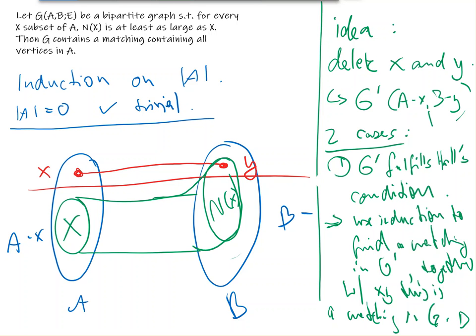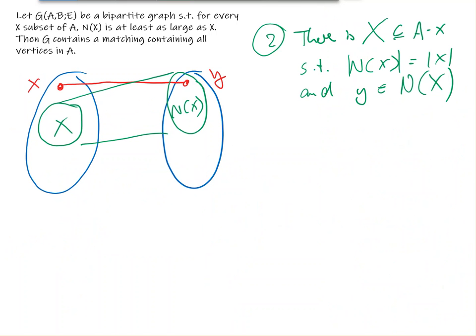Let's consider a second case, and for this I'm going to clean the board. The second case is that there exists a set large X on the left side of the G prime graph that is a witness of Hall's condition being wrong in G prime.